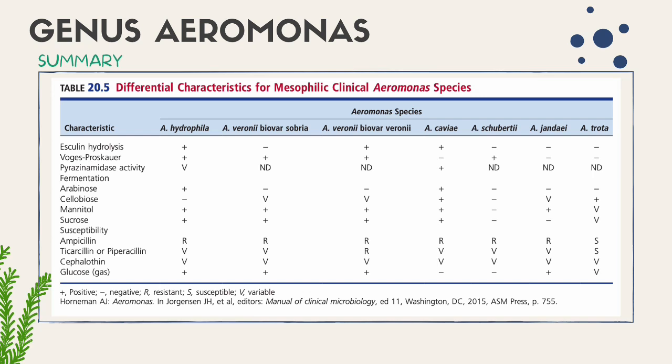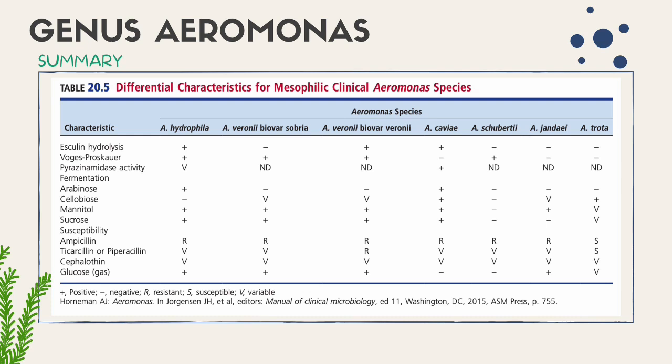Here is the summary for the differential characteristics of your mesophilic Aeromonas species. So for this particular laboratory, we will be just focusing on the mesophilic group because these are the ones that cause human infection. For your psychrophilic group, most of them are actually marine pathogens, so they are pathogens of the fish and other marine animals.